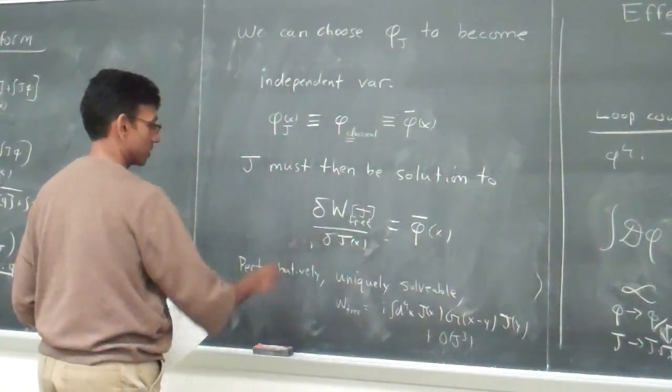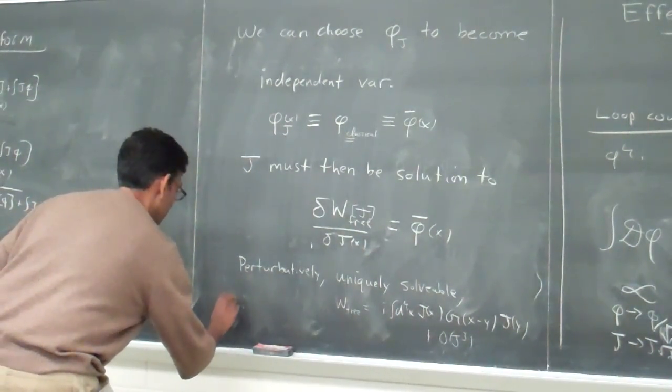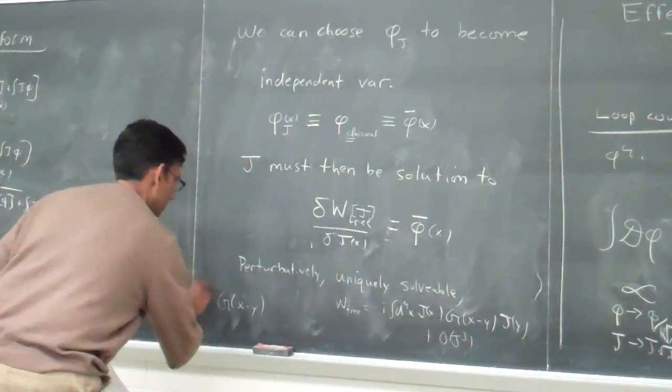And so this equation corresponds to G of x minus y.